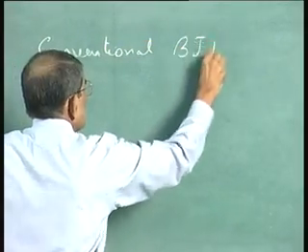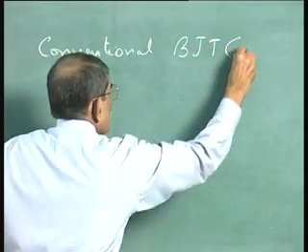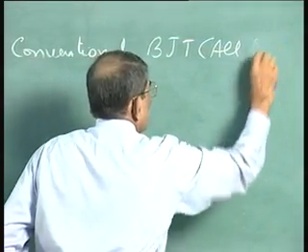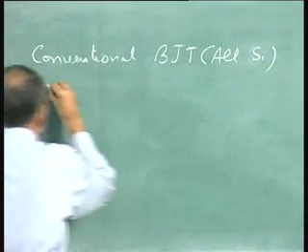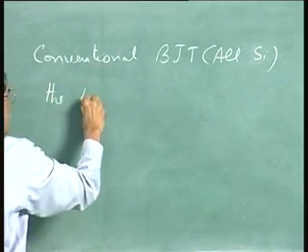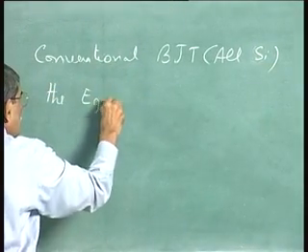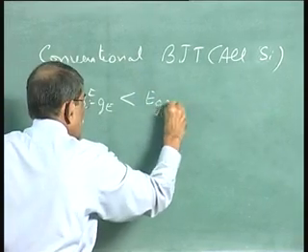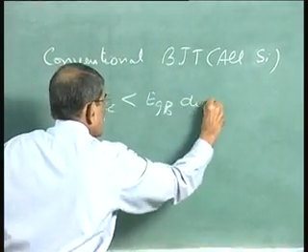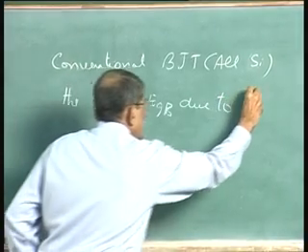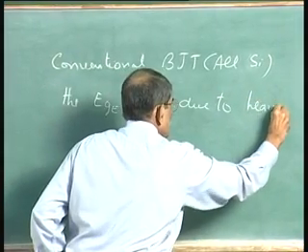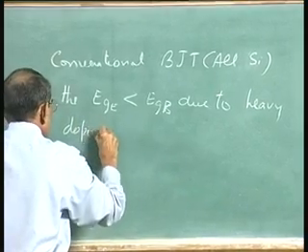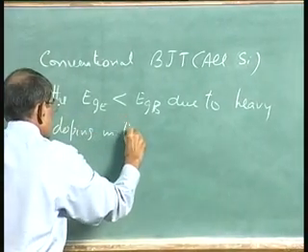BJT, silicon, all silicon. Okay. The Eg in the emitter is less than the Eg in the base, due to heavy doping in the emitter.